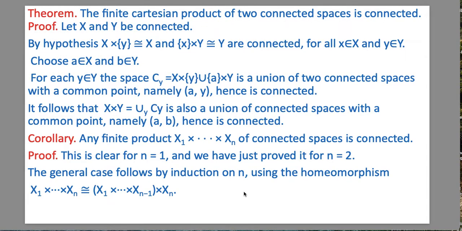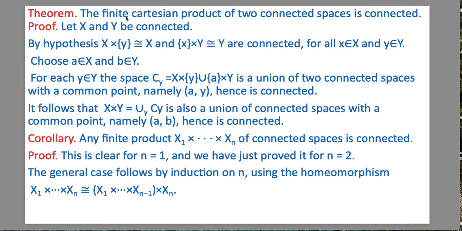One more theorem: the finite Cartesian product of two connected spaces is connected. Let X and Y be connected. Now, by hypothesis, the Cartesian product of X and the singleton set {y} is homeomorphic to X, and the Cartesian product of {x} with Y is homeomorphic to Y, and these are connected.